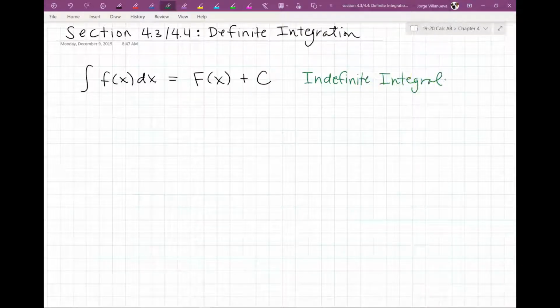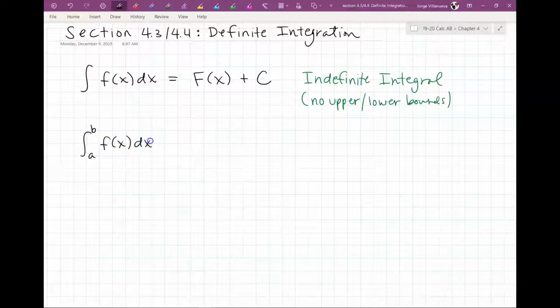The reason it's indefinite is because it has no upper and lower bounds. A definite integral will look like this. I'm not even giving you the main definition for this yet, but we'll talk about it later.